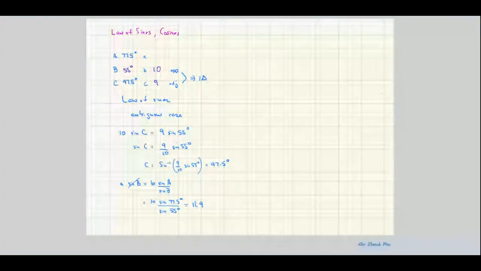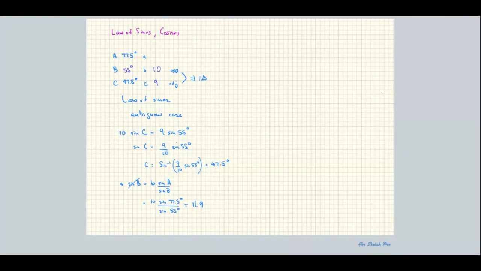Do you know why I'm going to say 11.9? How many digits did I keep for the angle? How many significant digits in the angle? 1, 2, 3. How many significant digits in the answer? 1, 2, 3.